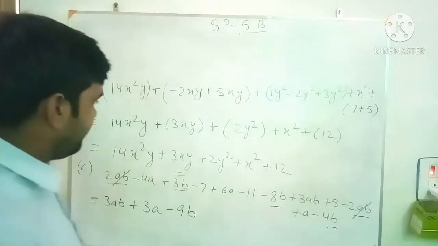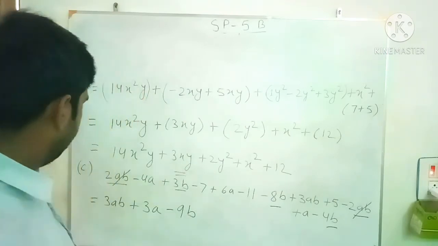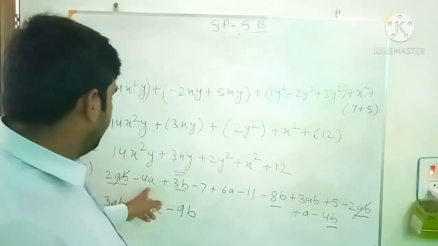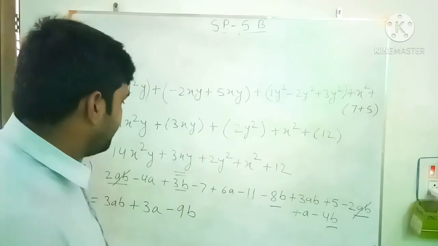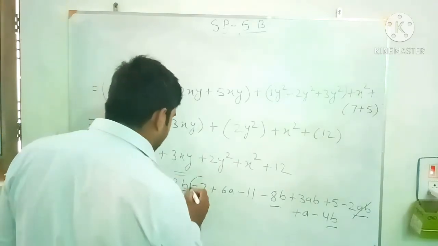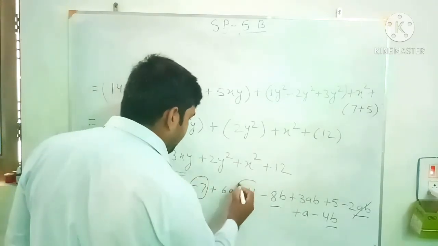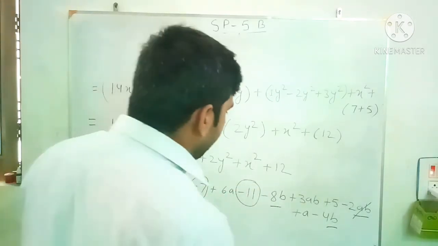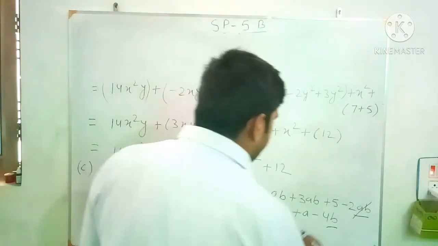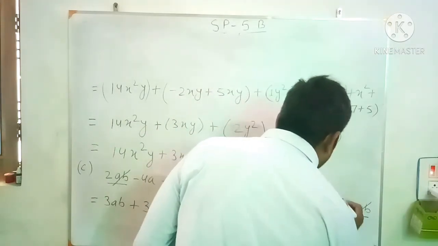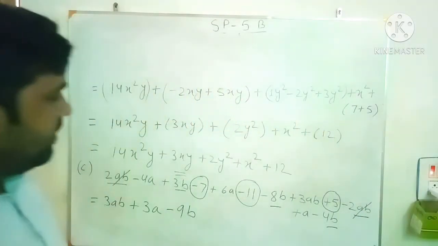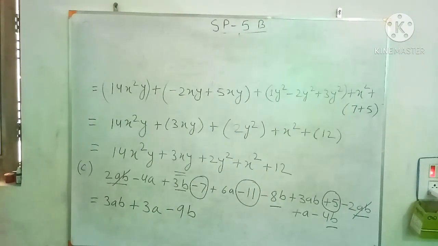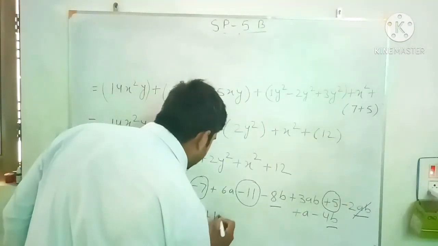Now after that you have the constants. So we have added a, we have added b, now add the constants. One constant is minus 7, minus 11, that is minus 18, and after that minus 18 plus 5.